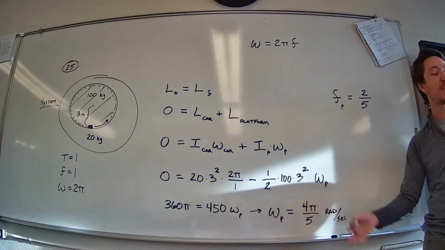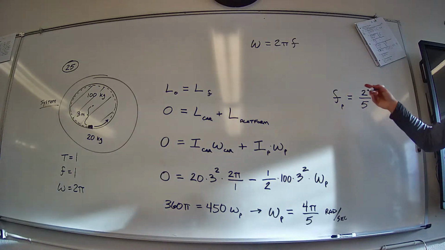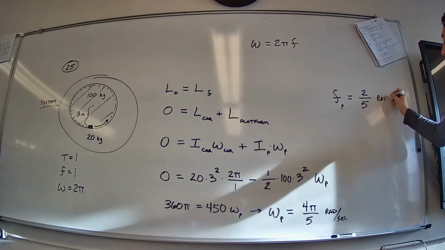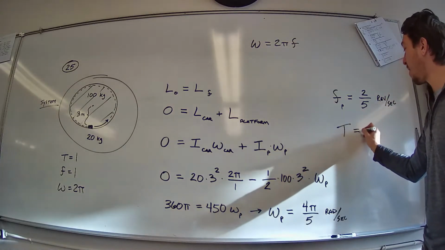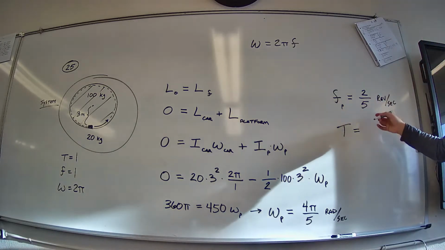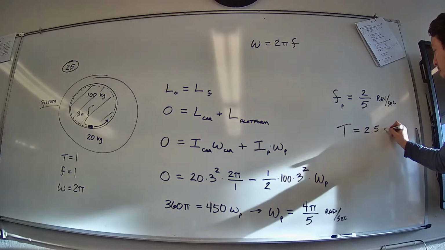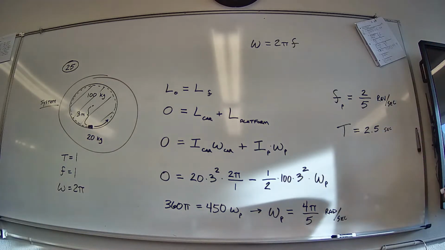Divide 4/5 by 2, you get 2/5. Okay, so the platform is making 40% of a revolution per second. Or maybe you could say it takes 2.5 seconds to make a full spin.